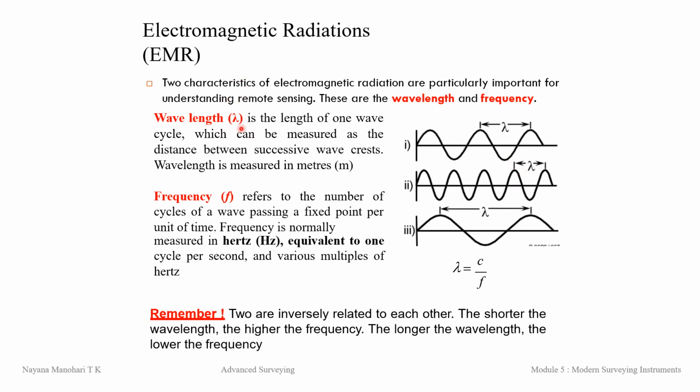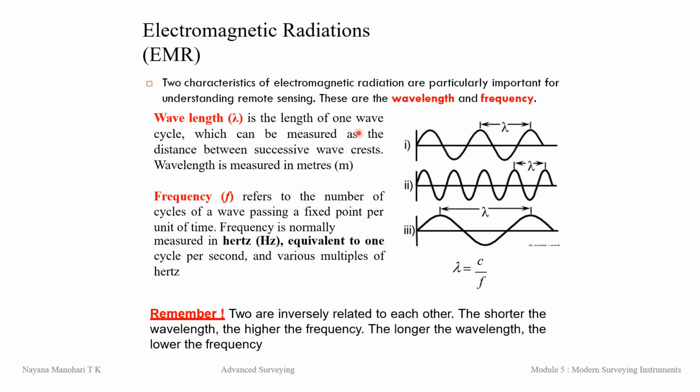Two characteristics of electromagnetic radiation are particularly important for understanding remote sensing. The first one is wavelength, and the second is frequency. Wavelength is denoted by lambda. You can observe the sinusoidal curve, lambda is here, in this figure.